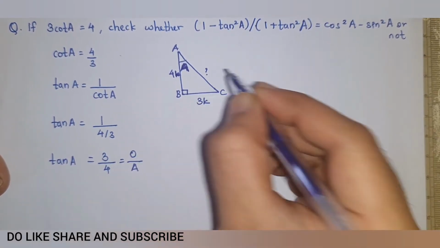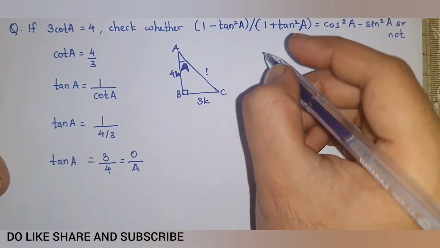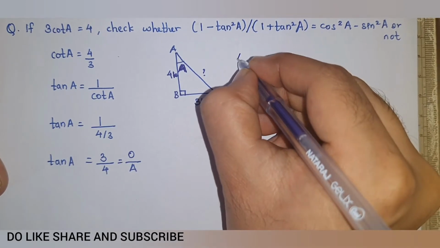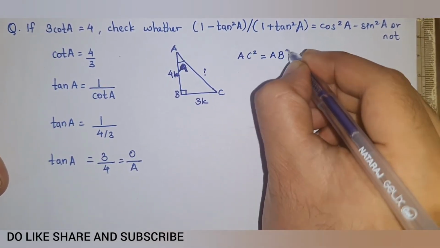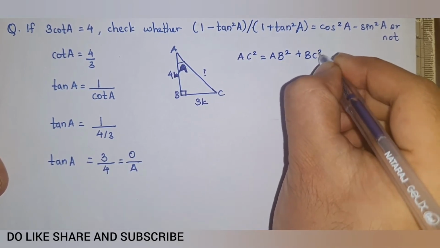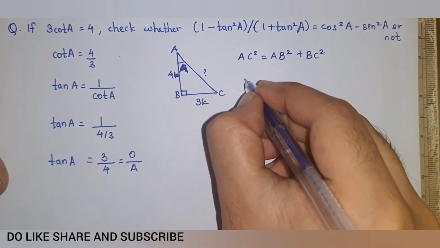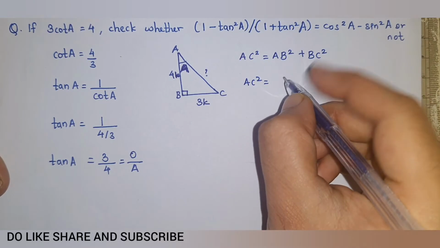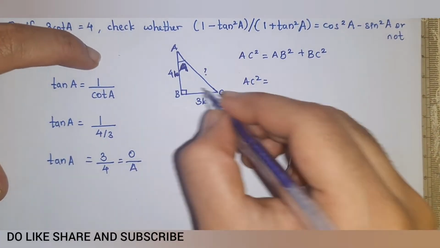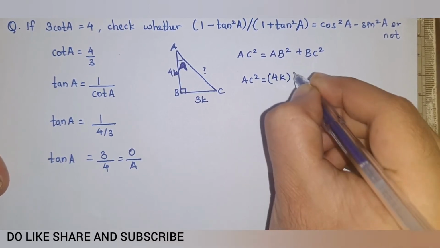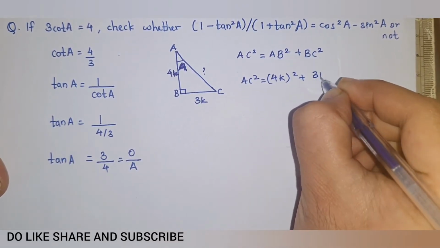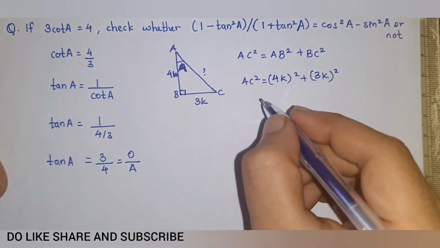We have to calculate AC, that is hypotenuse, and we know by Pythagoras theorem AC square is equal to AB square plus BC square. That is 4K bracket square plus 3K bracket square.